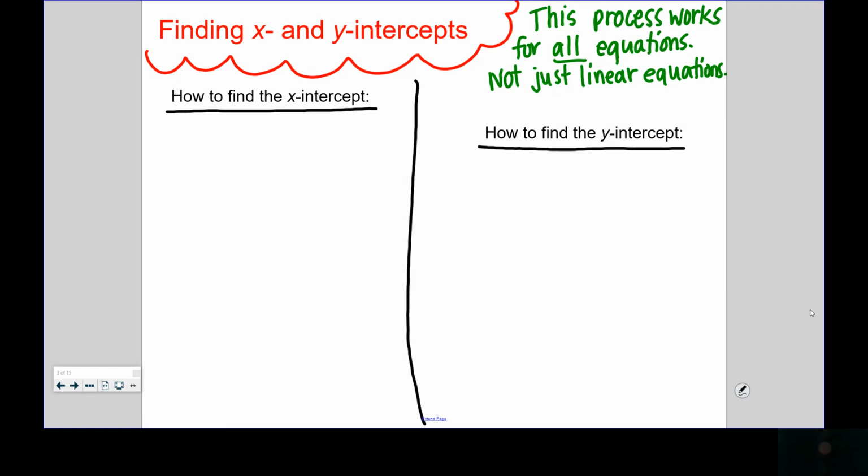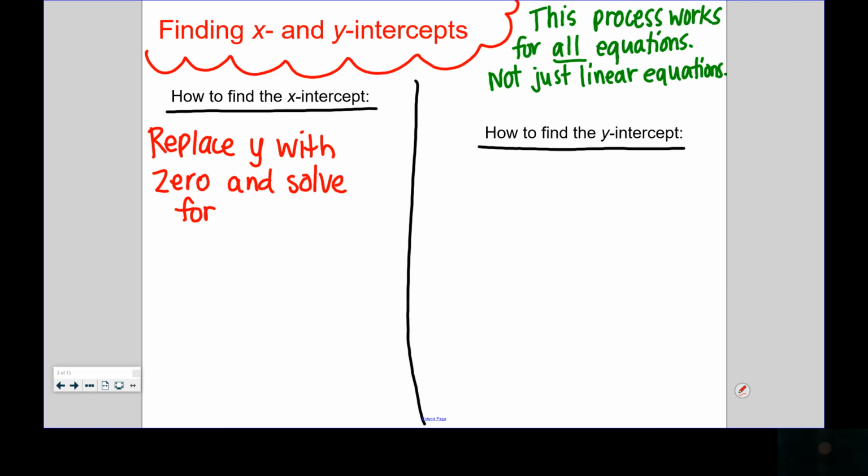But this might be something that you want to write on your index card, is how to find the x and y intercept. All right, so how to find the x-intercept, very simple process. We're going to replace y with 0 and solve for x.